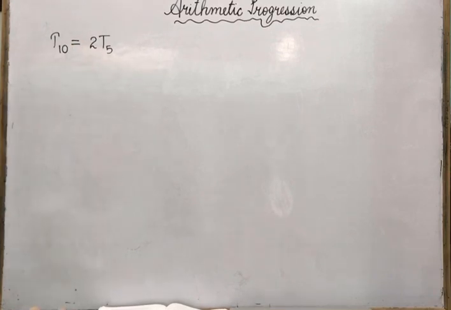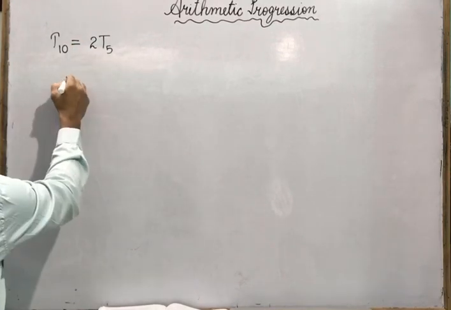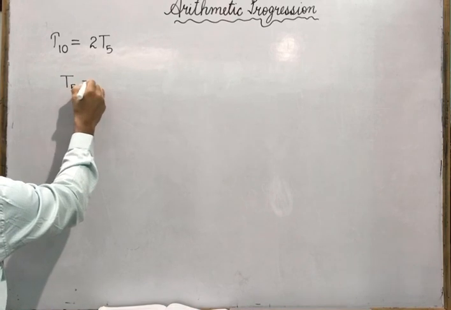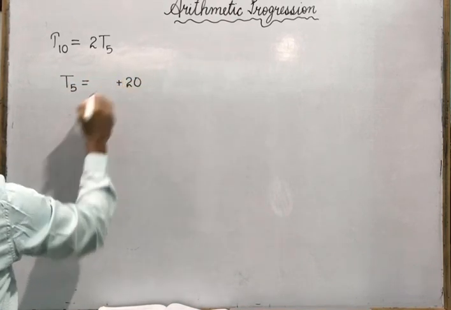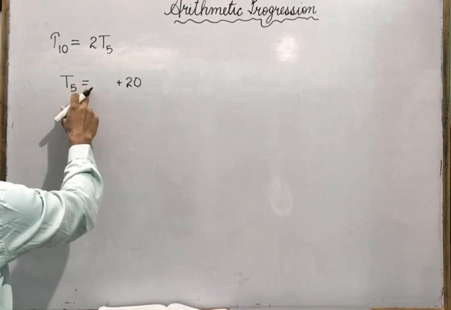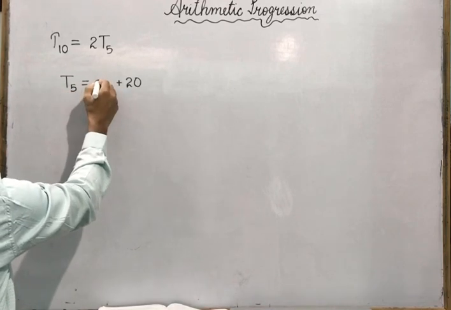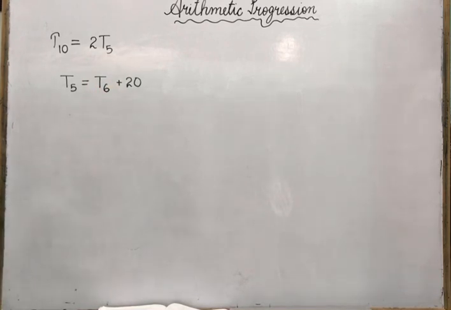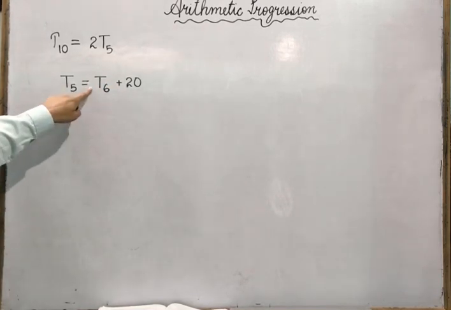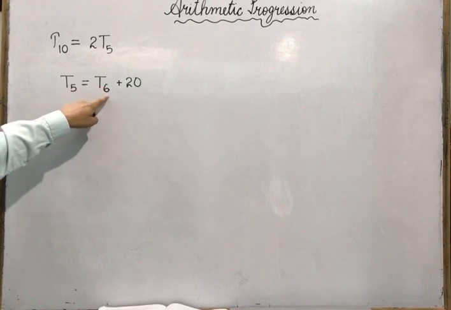Now let us take another example. The 5th term of an AP is 20 more than the 6th term. 20 more means plus 20.